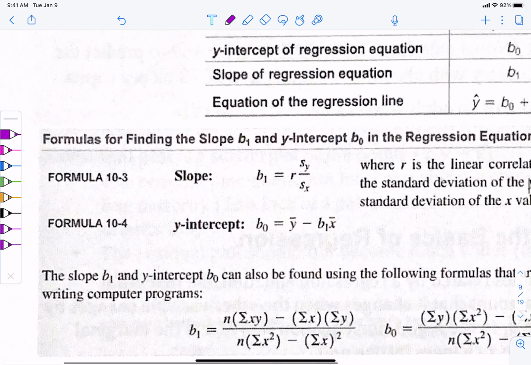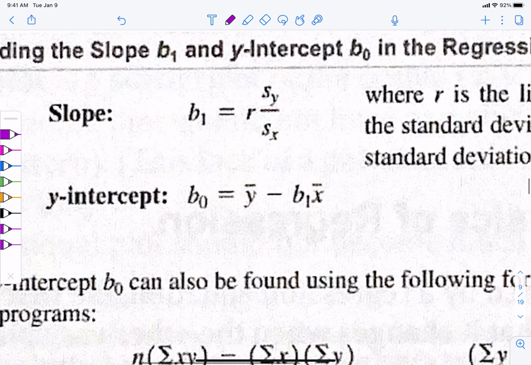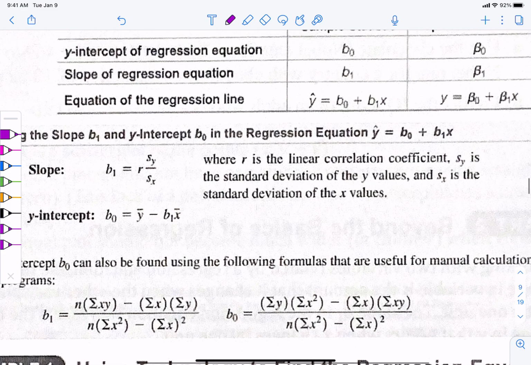And here are the formulas that they use if you're doing the longhand version of finding the B1 and B0. Here is how you find the slope and y-intercept given your data. Okay, watch this.